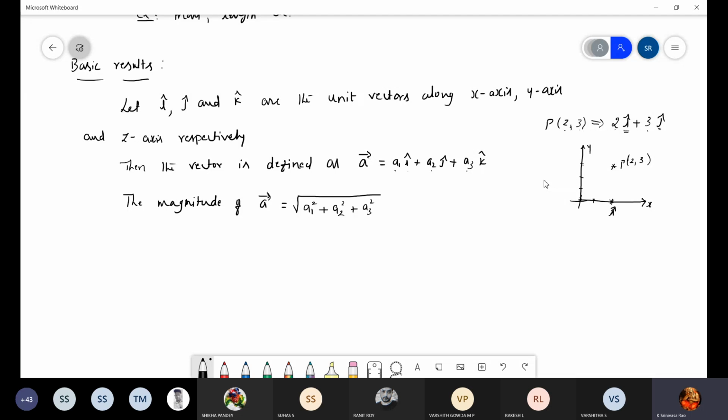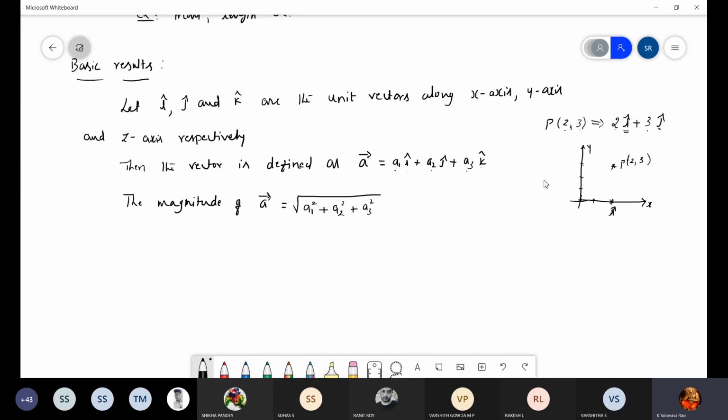Combining both, this point has the address 2, 3 or 2i plus 3j. Both are the same. That is why we write vectors like this: a1, a2, a3 give the quantity, and i, j, k give the direction. i stands for the x-axis, j for the y-axis, and k for the z-axis.